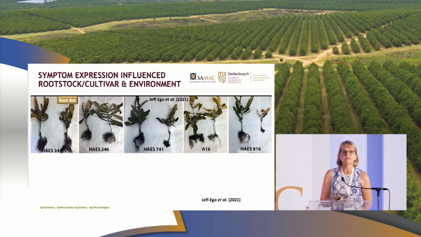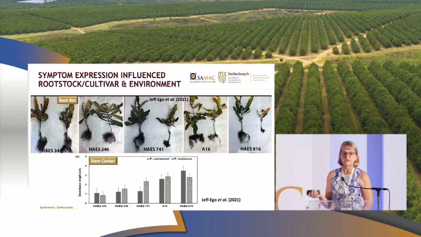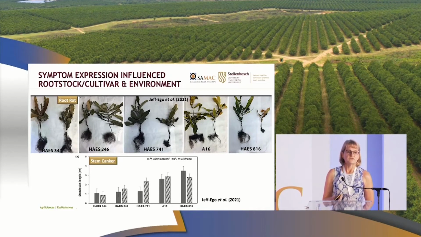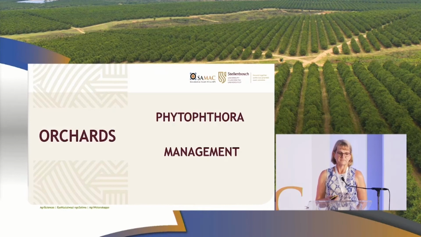So we are currently busy starting trials to compare NALMAC to Beaumont and H2 and A4 for susceptibility to root rot. And Femi's group also looked at stem canker susceptibility, which corresponded, with these different seedling rootstocks being both susceptible to root rot and stem cankers.